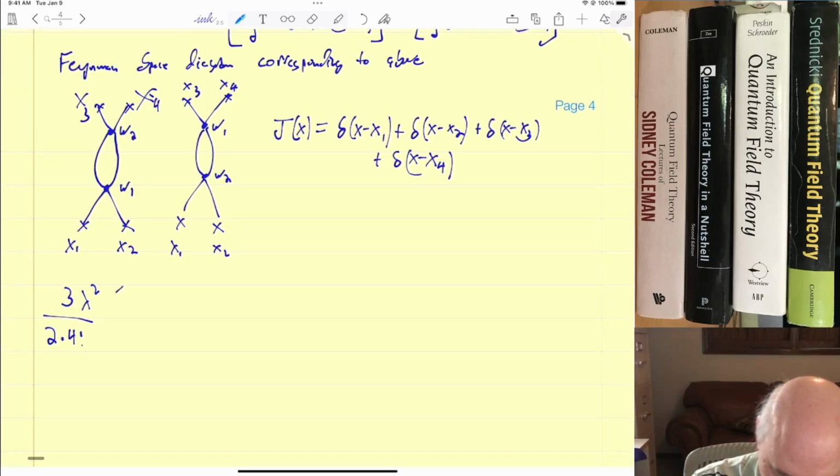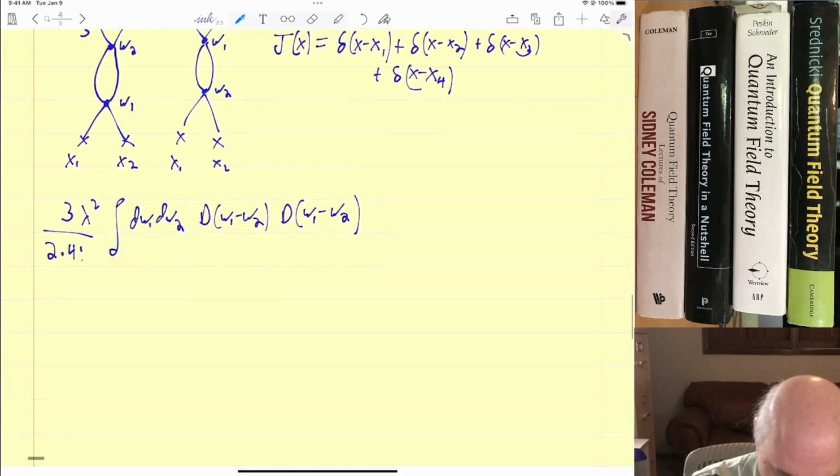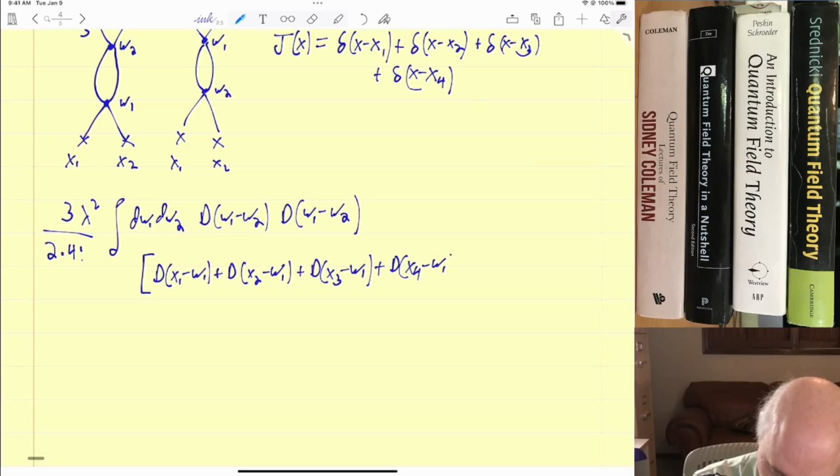And then we get the integral dw1 dw2, with the factors for w1 minus w2, and now we're going to get like 4 terms: D(x1 minus w1) plus D(x2 minus w1) plus D(x3 minus w1) plus D(x4 minus w1).